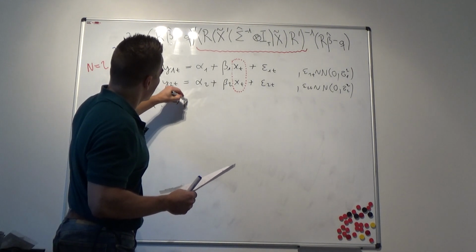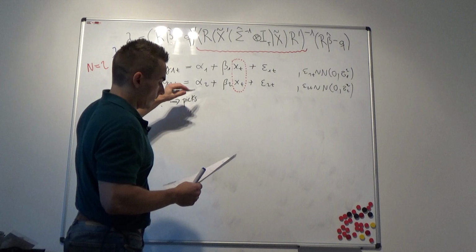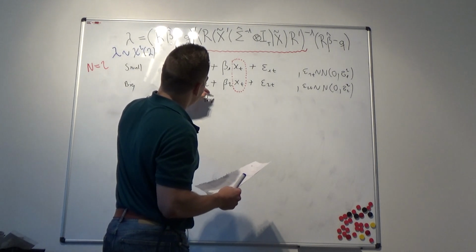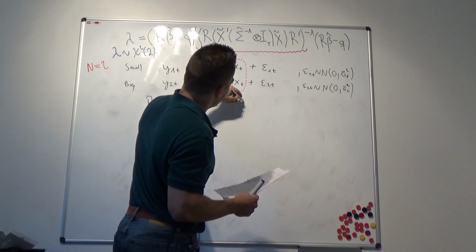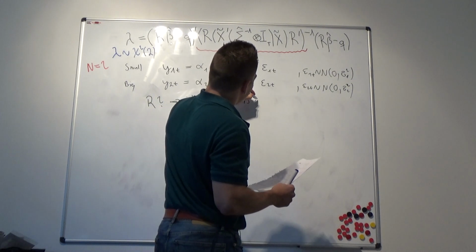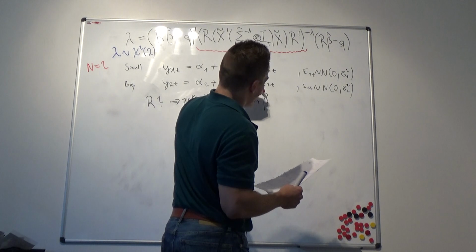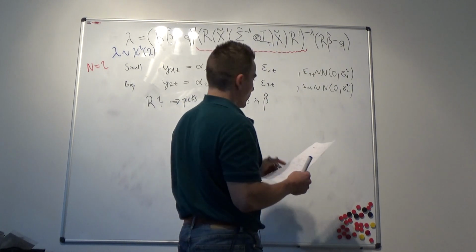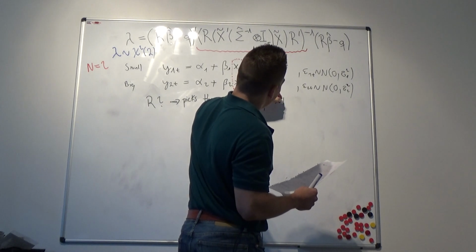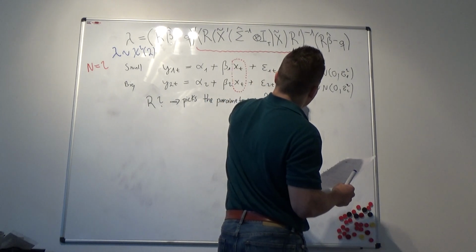So it picks the parameters in beta hat, this large vector here, that is tested.